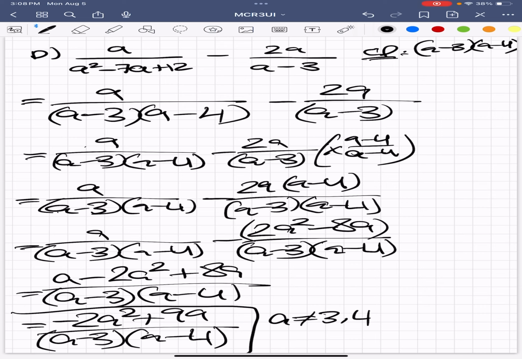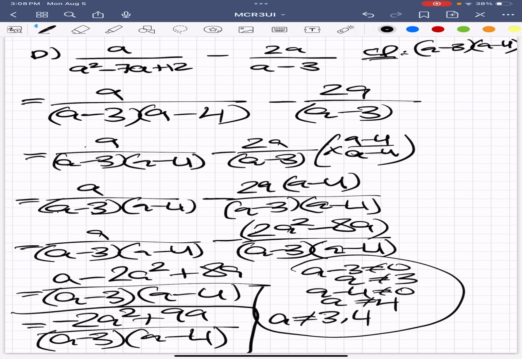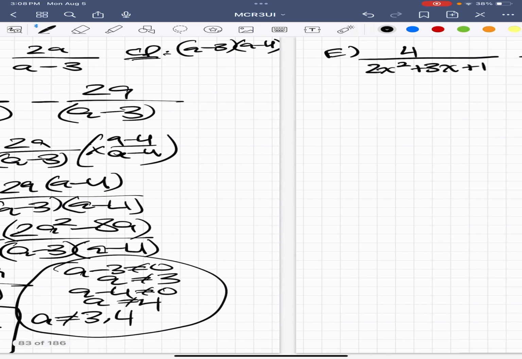Okay, so we have our final answer, and that's there. Then we have a - 3 cannot equal 0, so a cannot equal 3. a - 4 cannot equal 0, so a cannot equal 4. There you go. Moving on.